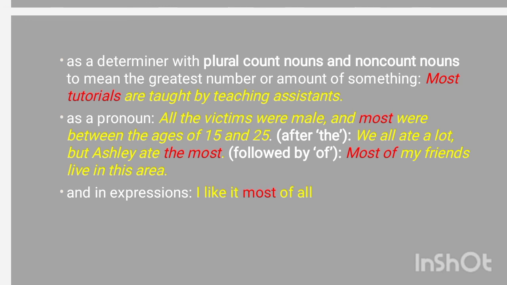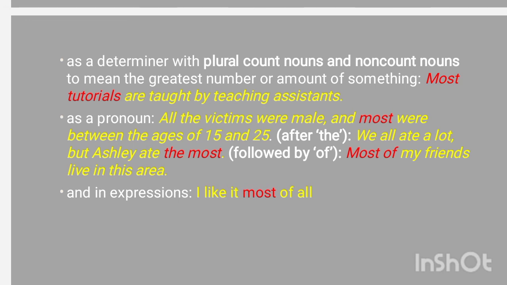Most is also used as a pronoun. For example, all the victims were male, and most were between the ages of 15 and 25. Most here is a pronoun because it stands alone.